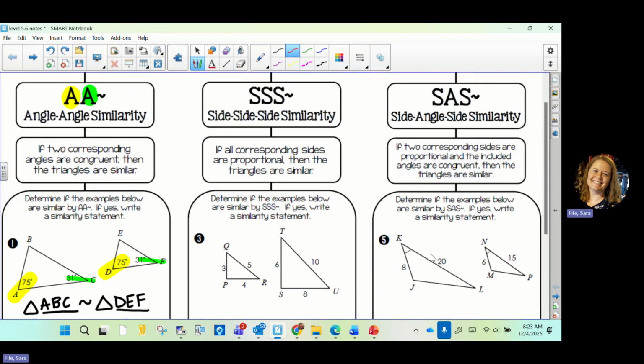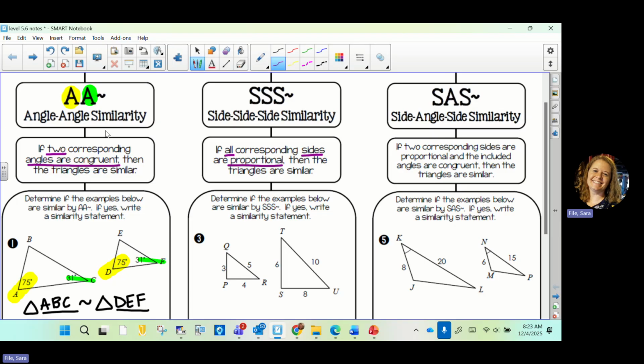One of the other similarity statements that can prove the triangles similar is side, side, side. If you know all the corresponding sides, so 3 sets, because we're dealing with triangles, and all 3 sets of corresponding sides are proportional, not congruent, all sides are proportional. Over here, it was 2 sets of angles are congruent.